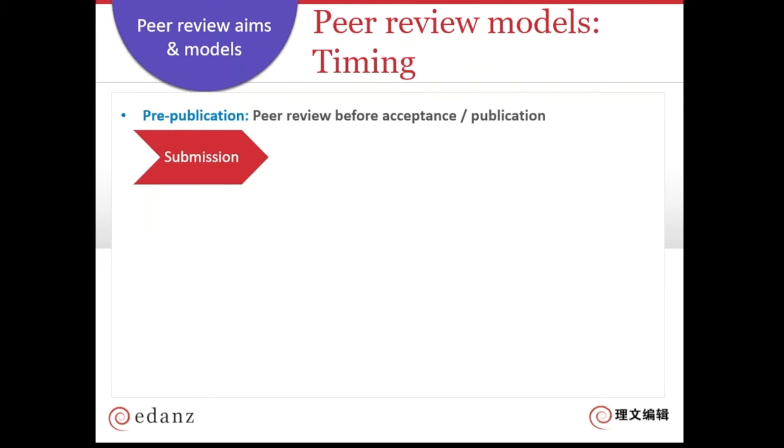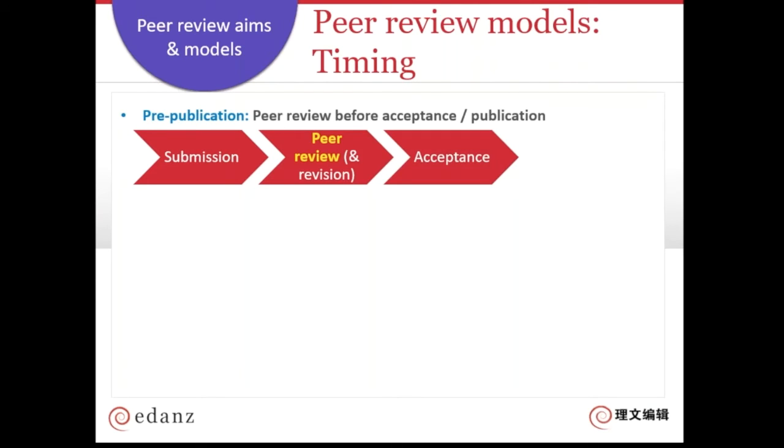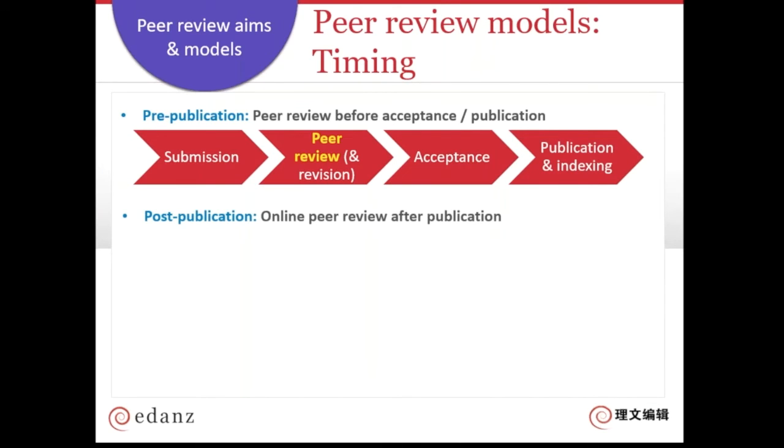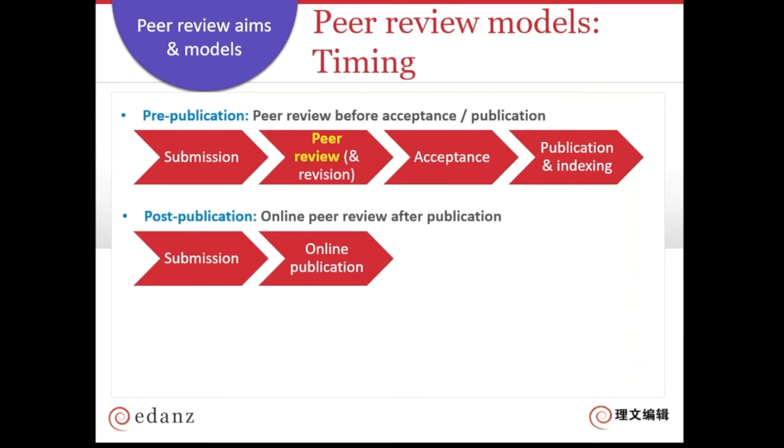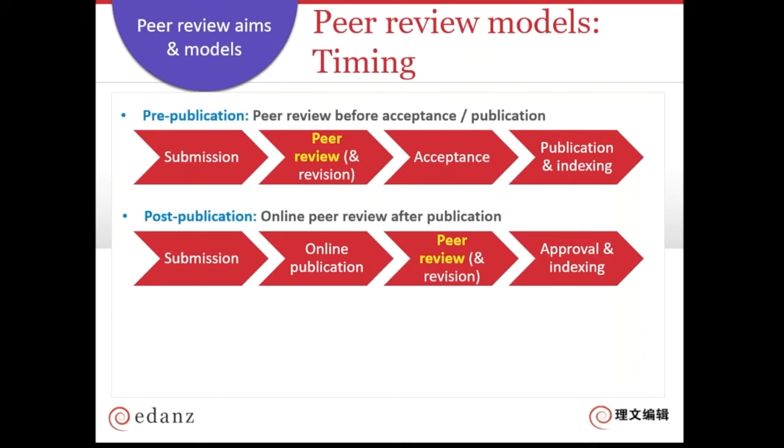That's where you submit a paper and it undergoes traditional peer review and revision before acceptance and publication. There's also post-publication peer review, where a paper will undergo an initial screening and then will be accepted for publication. Then it undergoes peer review and finally an approval step and then indexing.